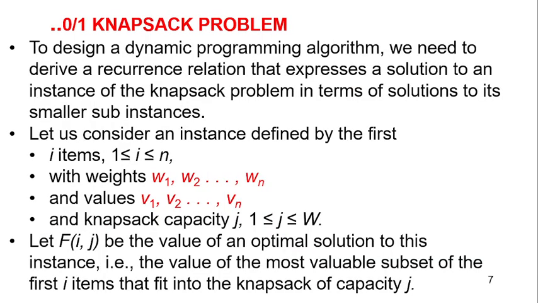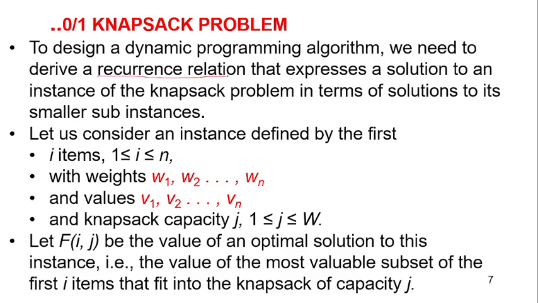To design a dynamic programming algorithm, the main thing we have to do is derive a recurrence relation: how the previous result is used to solve the current iteration. So we have to find the recurrence relation.